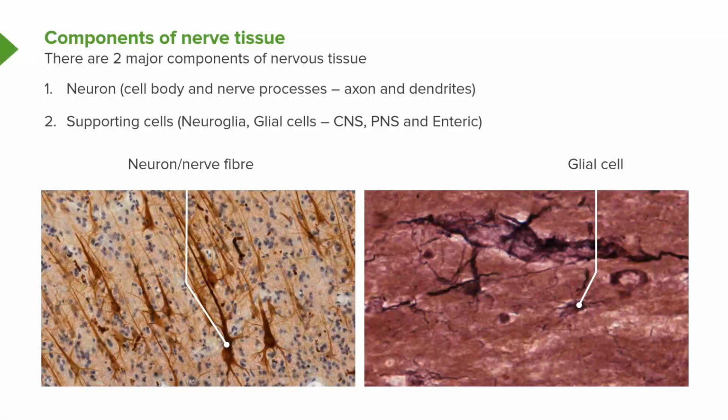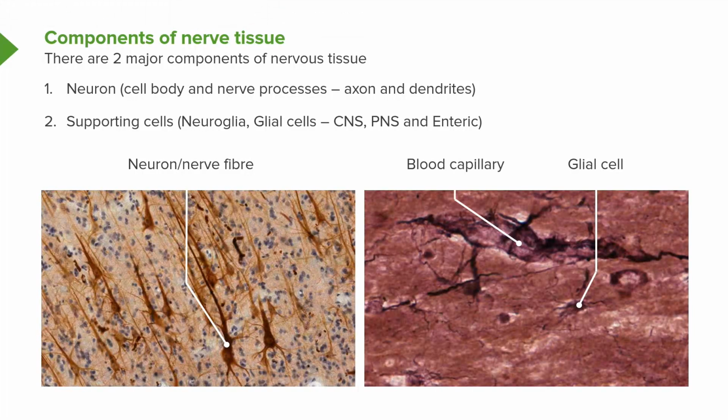I want you to look at the right-hand side picture, the one showing the glial cell, and try to remember this picture, because I'm going to refer back to this glial cell in the next lecture when we talk about glial cells in the brain. Have a very careful look at this image and notice that this glial cell has some very, very fine little black fibres or processes moving through the neural tissue.